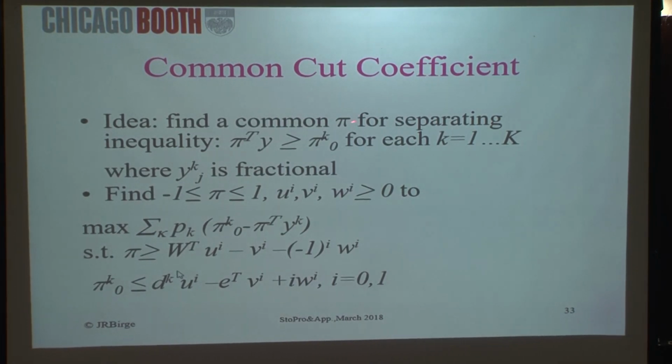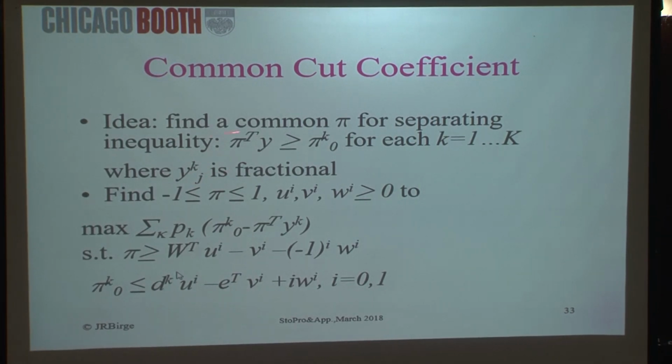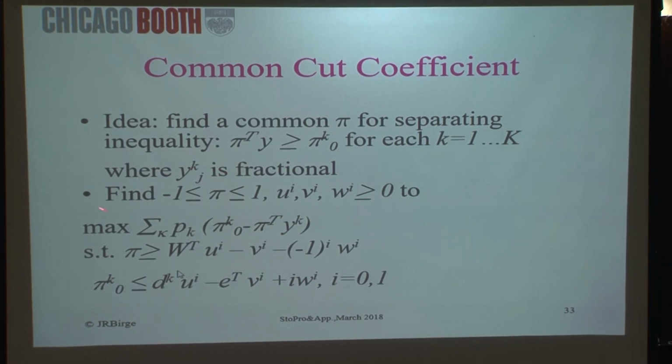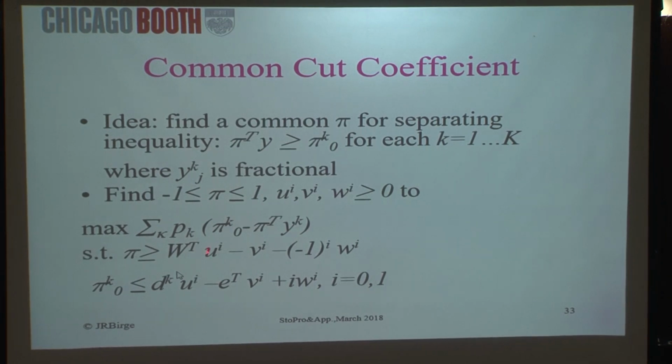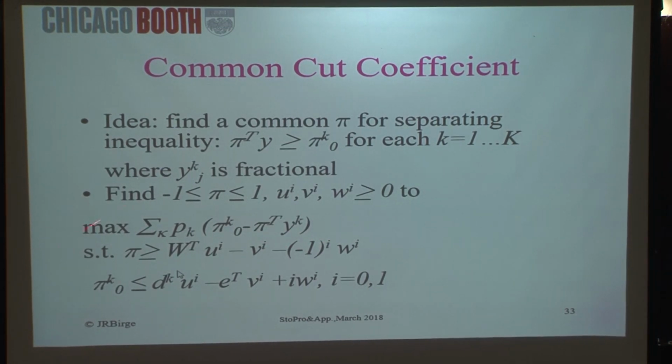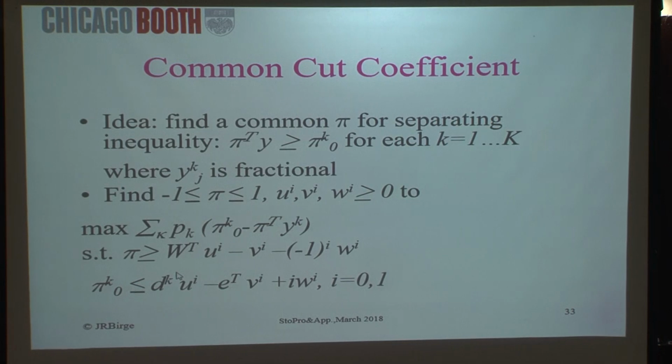So I find a common pi that separates all the y_kj's that are fractional, by solving just a single problem. So this is just a formulation that solves a single problem that generates a valid inequality. So I can solve one extra linear program on each step and generate a valid inequality, and that reduces the set of possible solutions I have to search through.